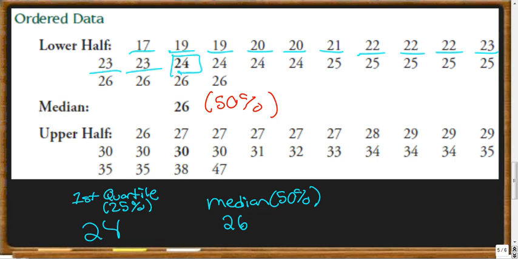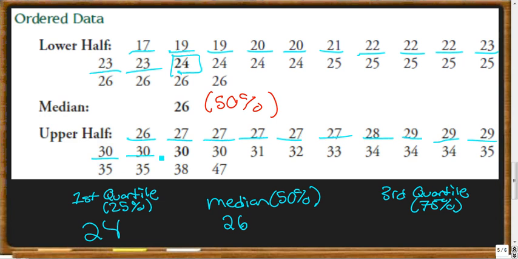Then we have to do the same thing for the upper half. We're looking for our third quartile, which is at 75%. So we count to the 13th observation again: 1, 2, 3, 4, 5, 6, 7, 8, 9, 10, 11, 12, 13. This is a 30.